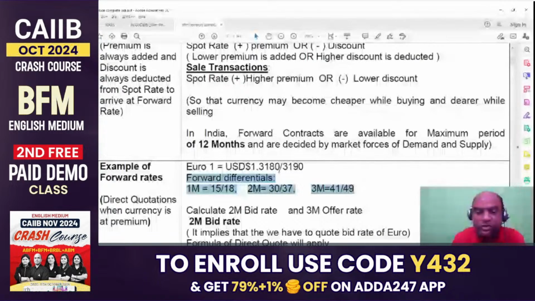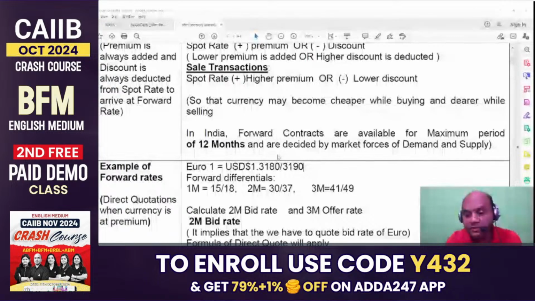Okay, so now if I ask you, see this. If I want to do the export buy, in this case, what is the forward rate after 1 month? If I ask you, then what will be the forward rate after 1 month?